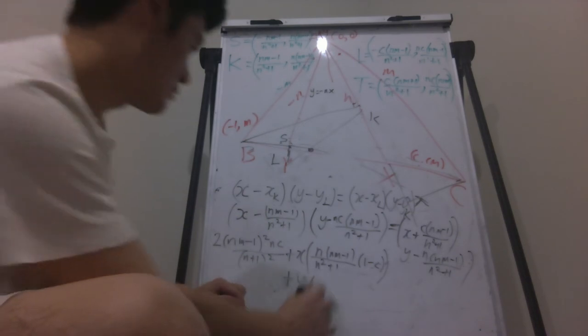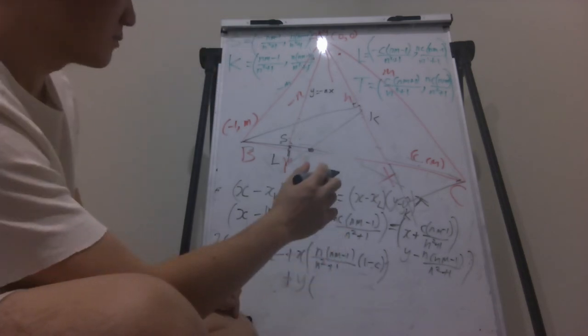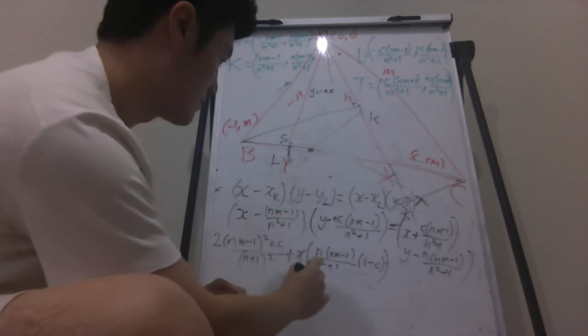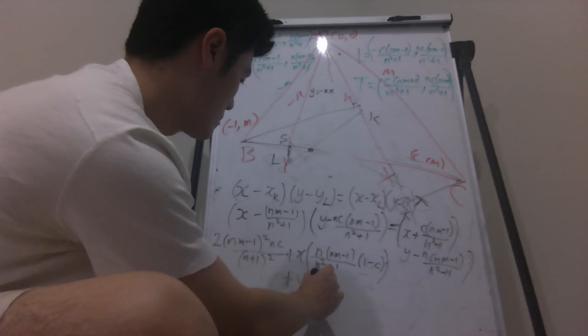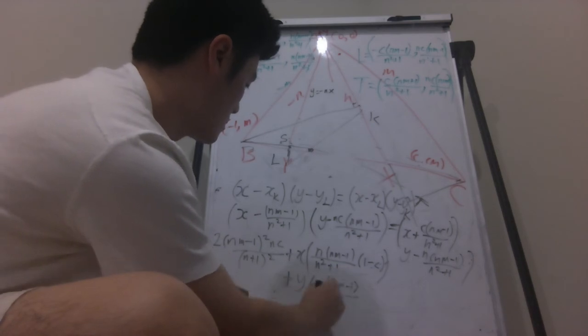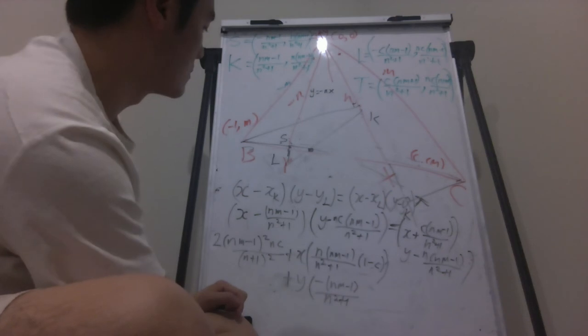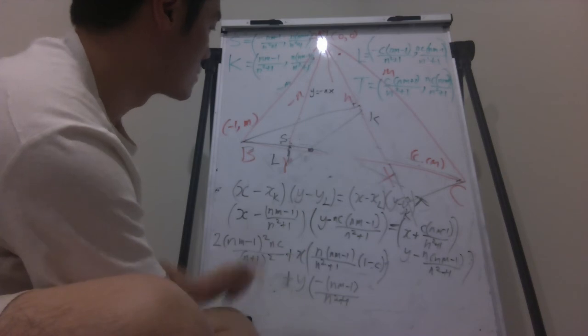C minus 1. It should be a negative now, yeah? So you can maybe write it as negative nm minus 1, n squared plus 1, that's 1 minus c, yeah?